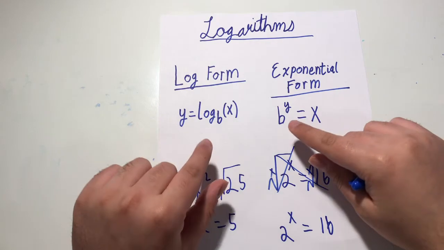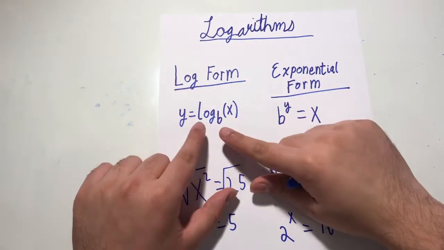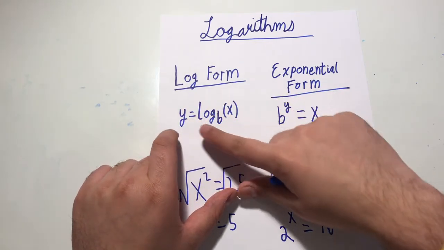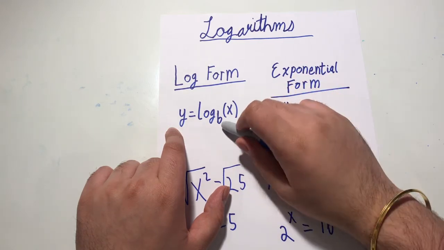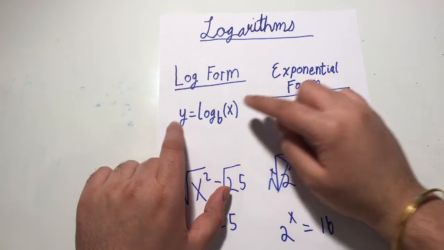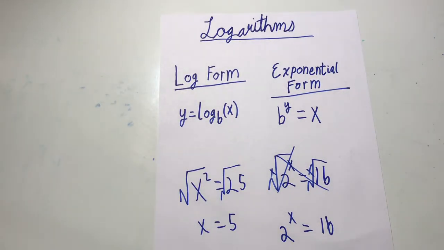The way you convert it is to your logarithmic form. First, I should mention the way you should say this. The way you would say this logarithm is y is equal to log base b, that's what that number is down there as a subscript, of x. Y equals log base b of x.